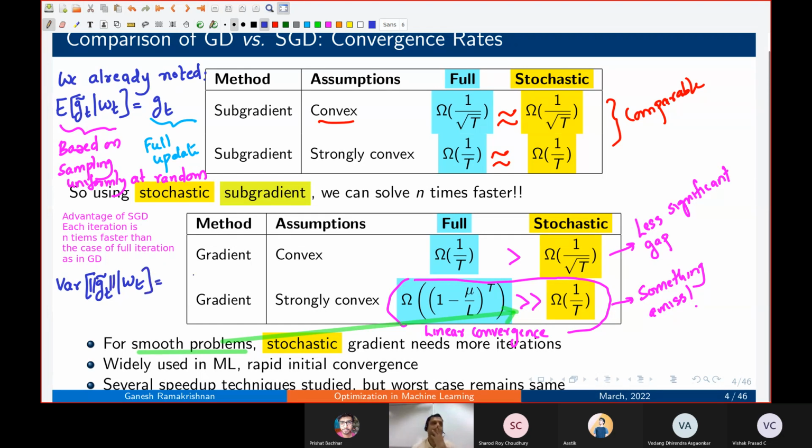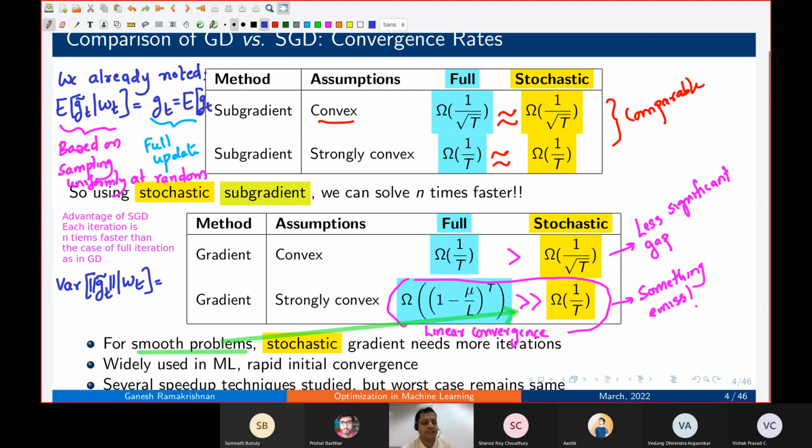What about this? So what I wrote earlier, I'll try and bring it back. Whether you call it g_t or whether you call it expectation, it's the same. It's okay to write g_t as an expectation.